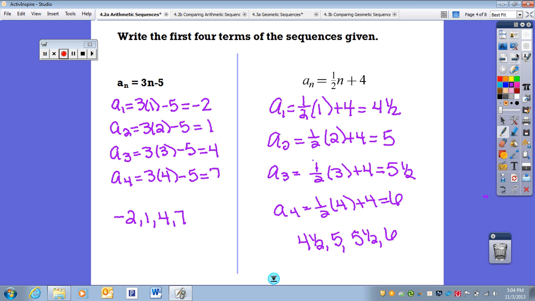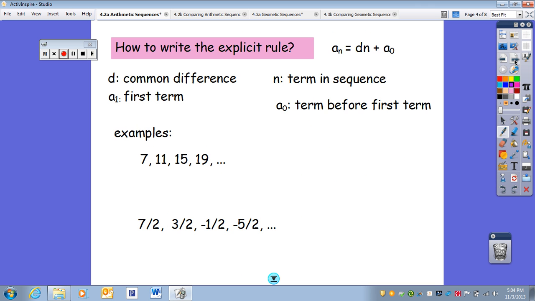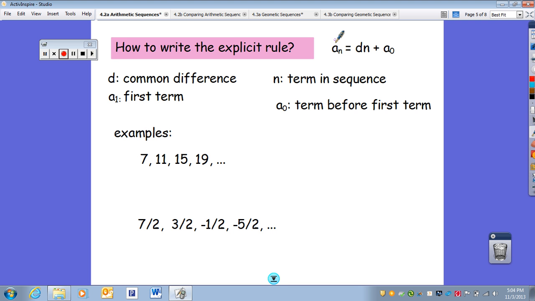So let's take a look at how we actually can write a rule for these sequences. What we need to do to write this rule to find the particular term I'm talking about is we need to take the difference, d, times the number of the sequence plus a sub 0.